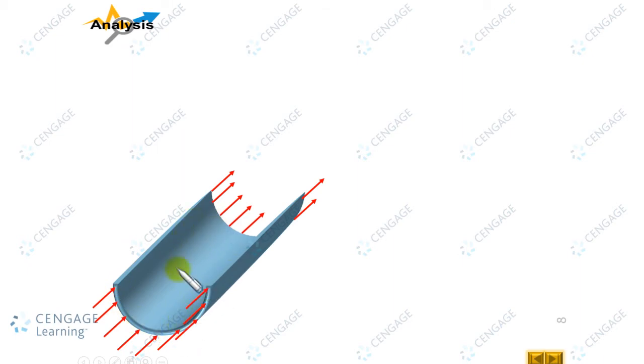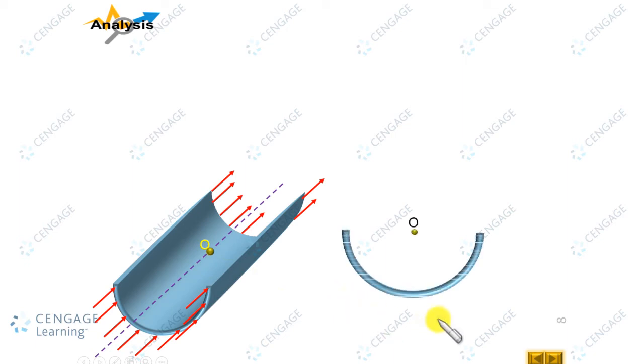Okay. Now let us mark the position of the point under consideration where we need to find the magnetic field. This is the axis, and this point O is where we need to find the magnetic field. Now let us make the cross sectional view of this wire. This is the cross section view of the wire. And as we discussed, we can assume this wire is made of a number of elemental wires. So let us consider one elemental wire in this section, this one, in the cross section view, right?